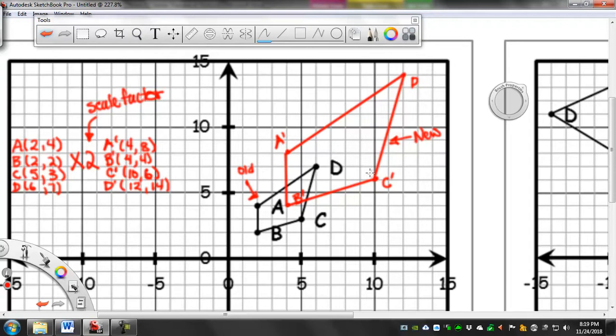Now, a couple of things to remember. If the length of this side here was 5, 2 times 5, the length of this one would be 10. And it's the same way with the ordered pairs.